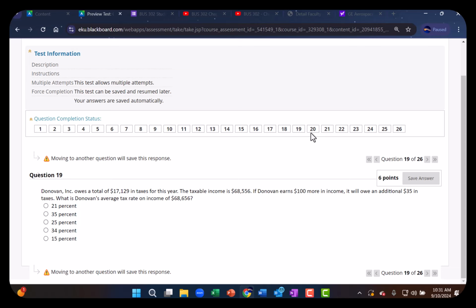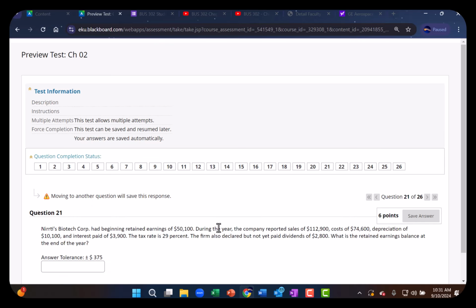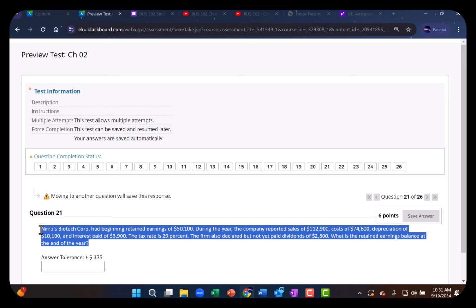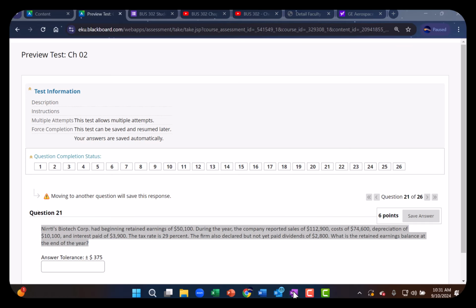Don't want to worry about tax rates. Okay, copy.